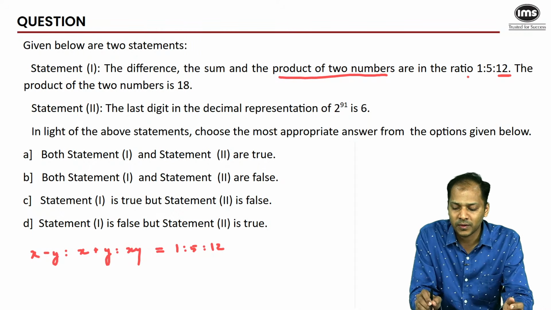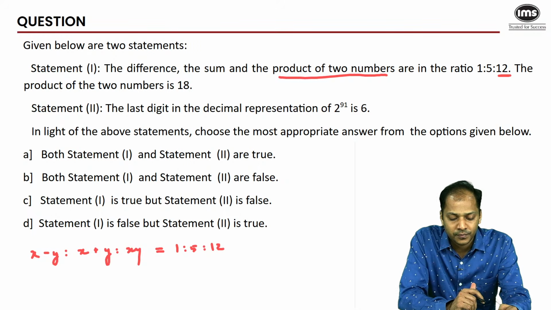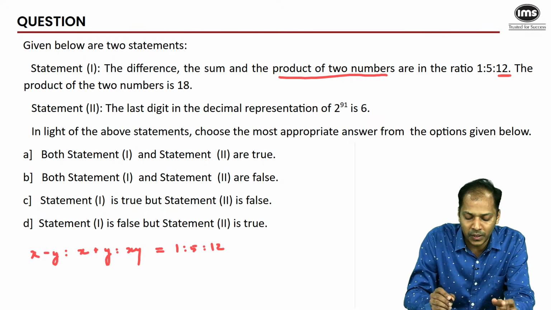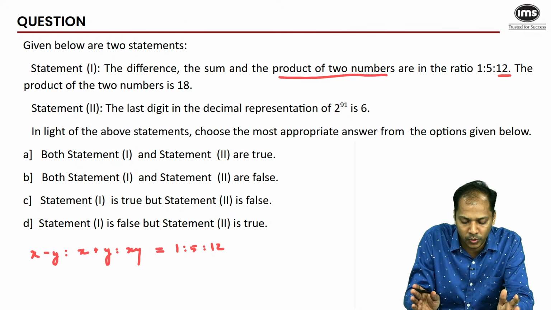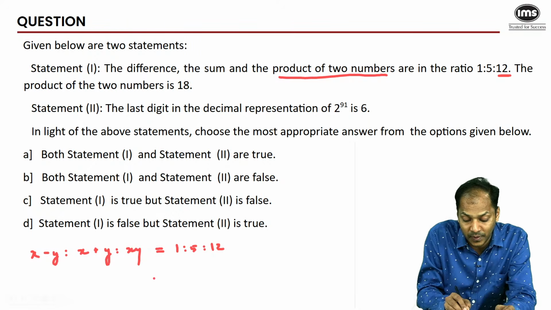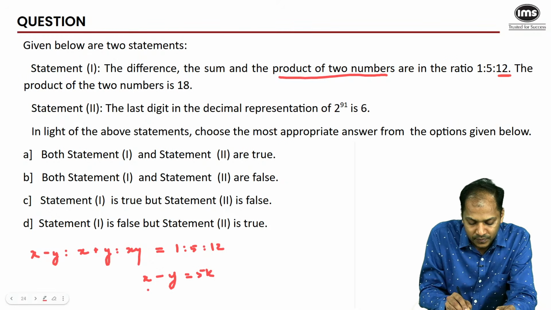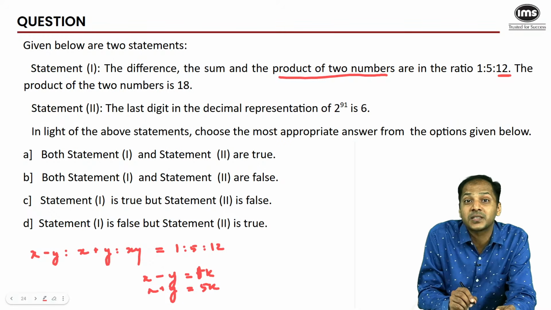these are all integers. We have an integer ratio for some integers. So x plus y and x minus y, maybe just to be doubly sure, I'm not sure, so what I'll do is, although generally we deal with numbers, but if it is non-numbers, let me just check. If I were to solve x minus y and x plus y, x minus y is 1k, x plus y is 5k, because this is in ratio.